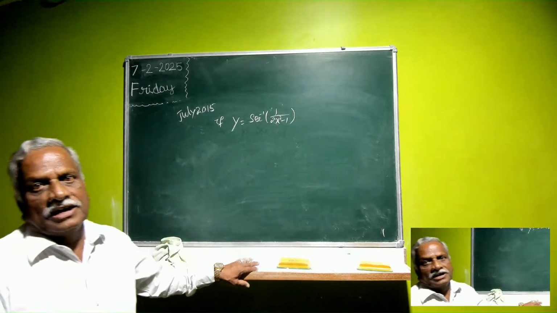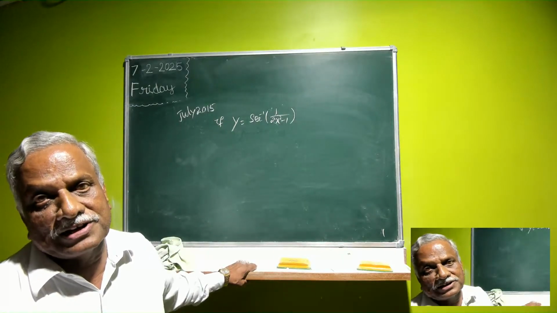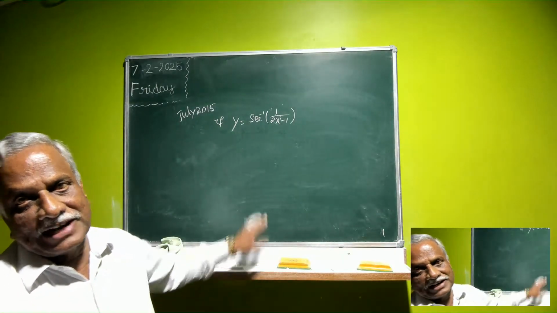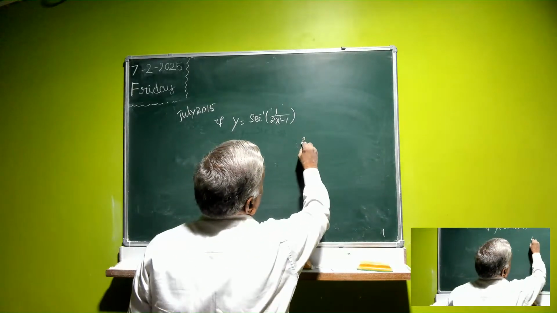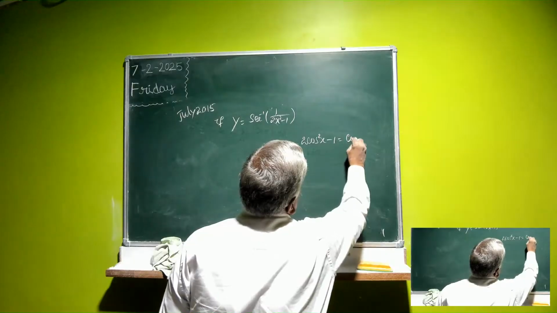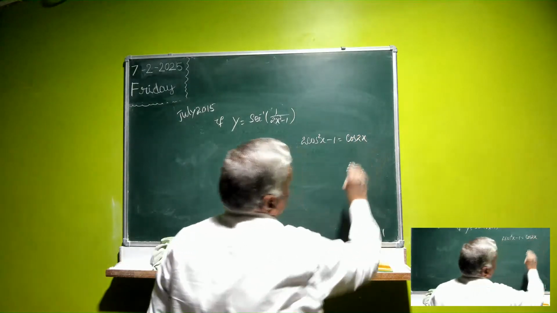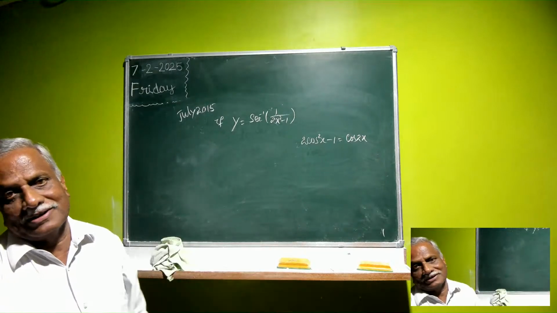Yesterday, I gave the formula for some special problems of inverse trigonometric functions. In fact, I worked this also. Here you should remember the formula we are using: 2 cos square A minus 1 is cos 2A. If you cannot recall the formula, this problem cannot be worked.